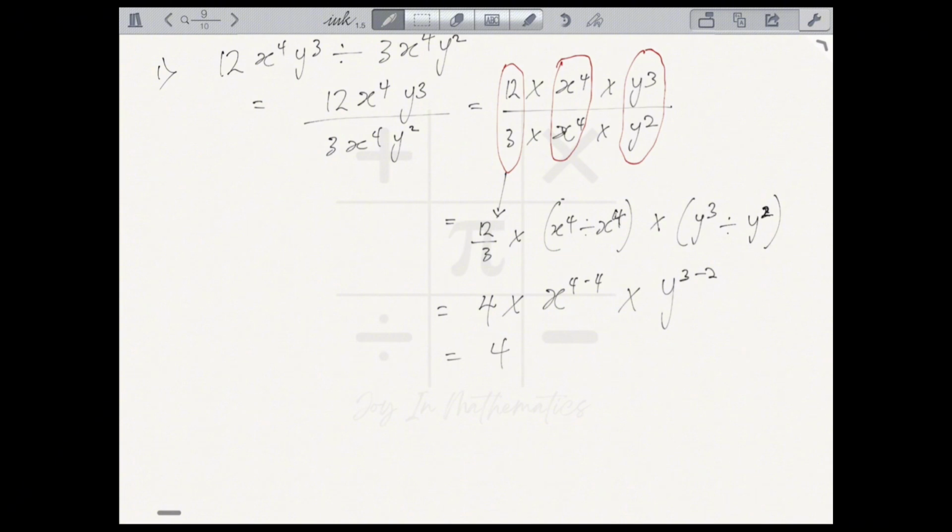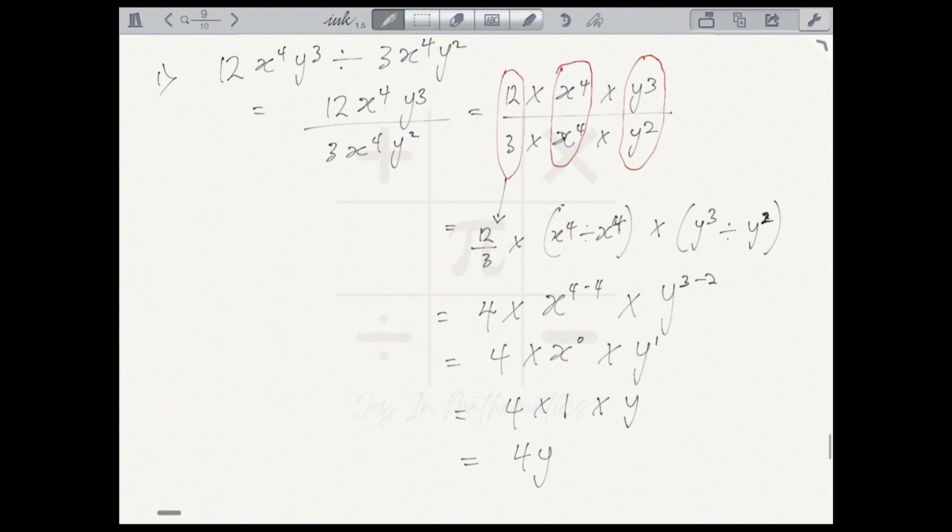So they give us 4 multiplied by x raised power 0 multiplied by y raised power 1. Now this can be resolved because x raised power 0, as we have seen in our second video, anything raised to the power of 0, according to the zero index law, is 1. So this will be 4 times 1 multiplied by y, and our final answer will be 4y. This is for the first question.